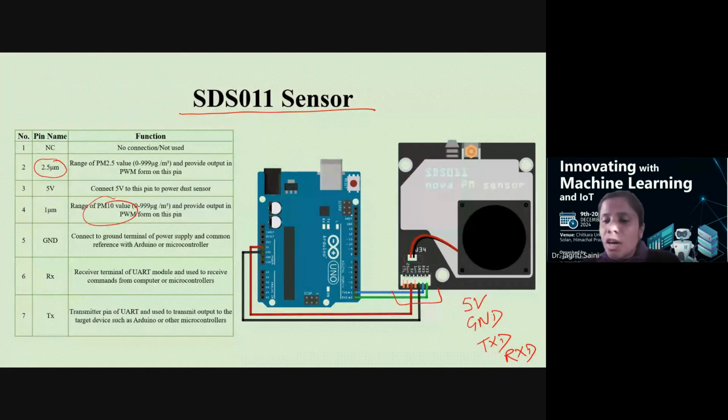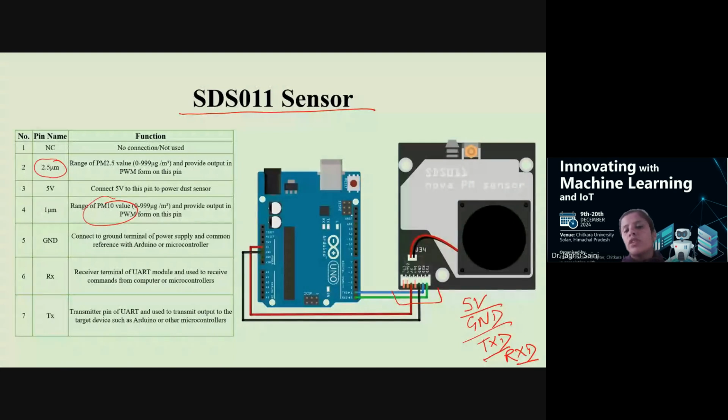Now 5 volt and ground, every one of you might already be aware of, as we discussed yesterday. 5 volt, you connect with the 5 volt of your microcontroller, and ground with the ground of your microcontroller. For the TXD and RXD, we need to be very careful.